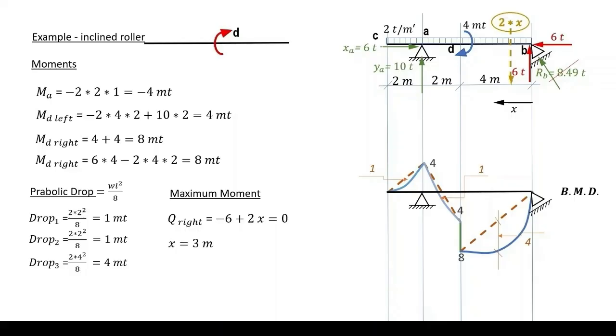This gives X equals 3 meters, which means that we have our maximum moment at 3 meters from B and computed as such: 6 by 3 minus 2 by 3 by 3 over 2, which is the arm of this force, giving a total of plus 9 meter tons. This concludes our example.